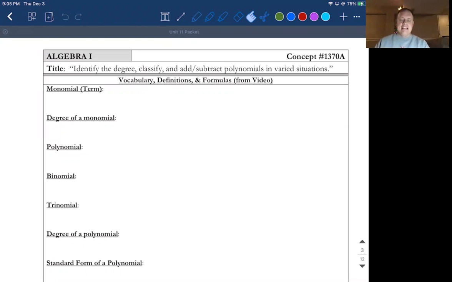In your packet, monomial. Now, we've referred to this as a term before, and it can be the following.